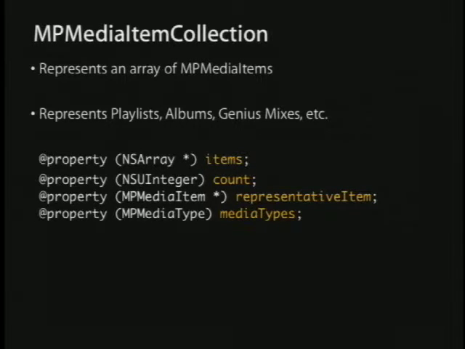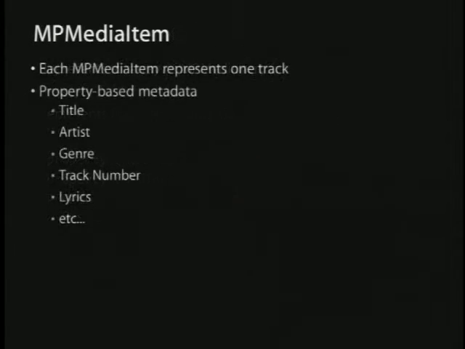For an album it might return the first item, and for a playlist it might return the first item. But there's some smarts in there to know what is the MP media item that represents this collection. And because it's an array of MP media items, it may have one or more types, so it'll return this enum to you. It's actually a bit field mask.